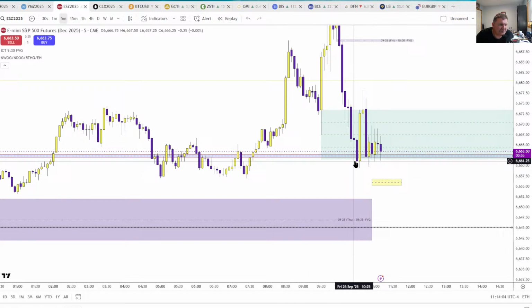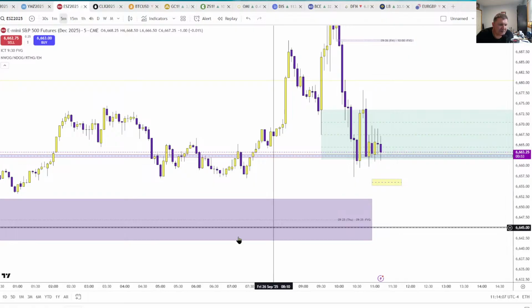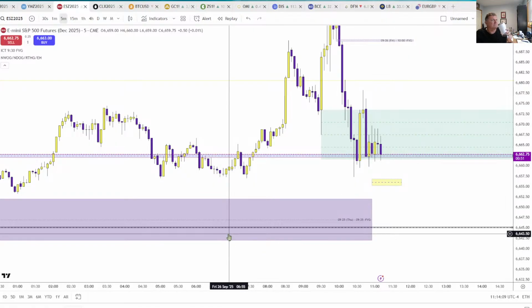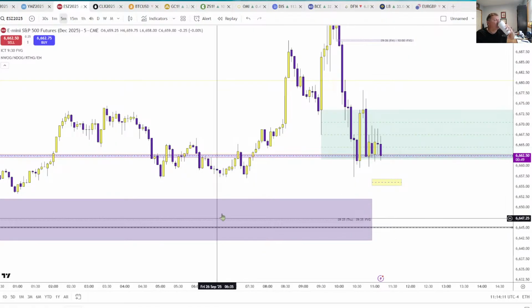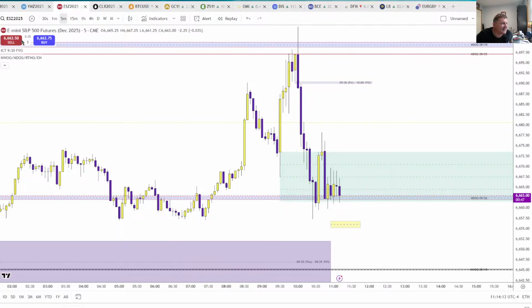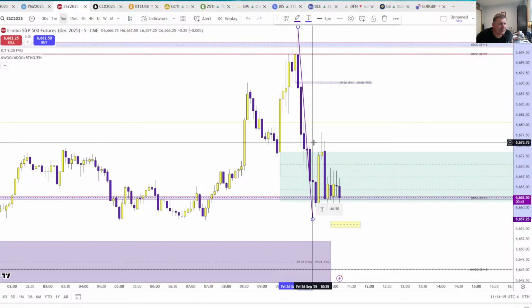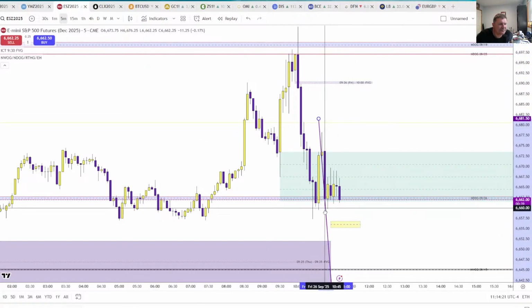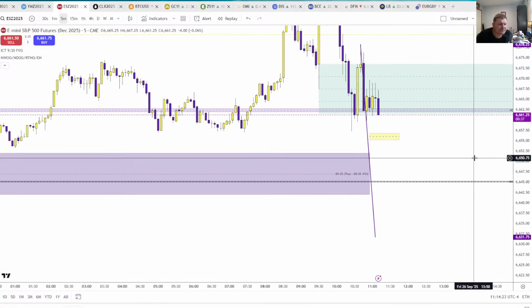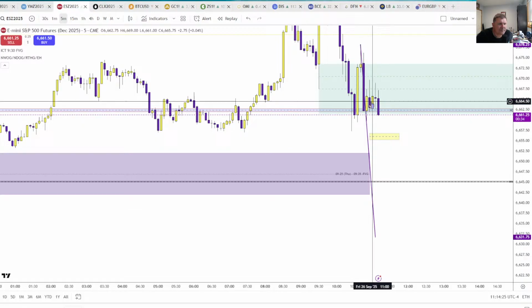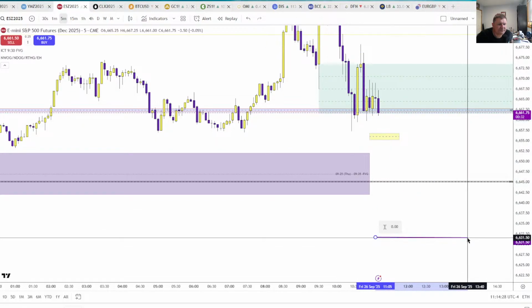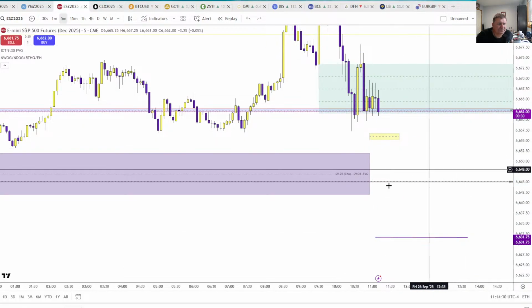I paid myself at the rejection block, and I'm waiting for my next target down here. Because, my friends, this could be a huge run. If this is the next price leg lower, I'm looking right there.